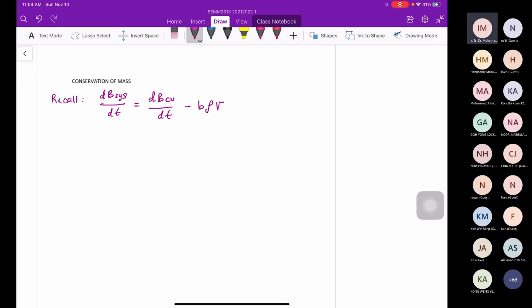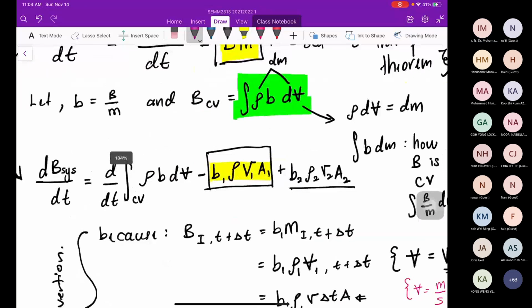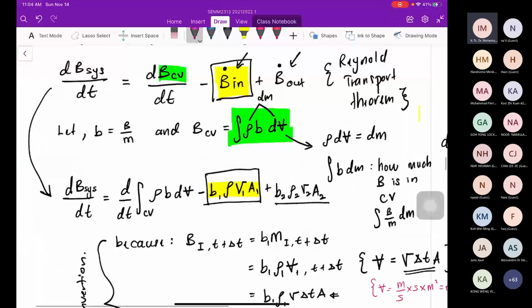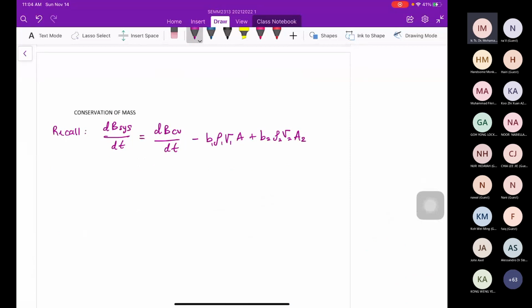This is recalling the one that we derived previously. So this refers to the change in the control volume. This one refers to the control surface.